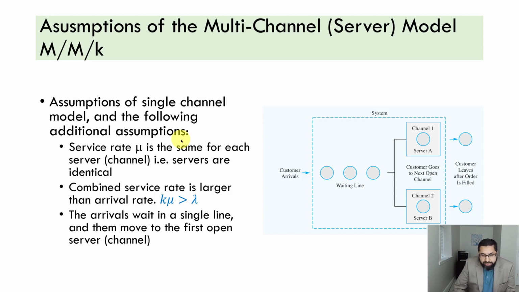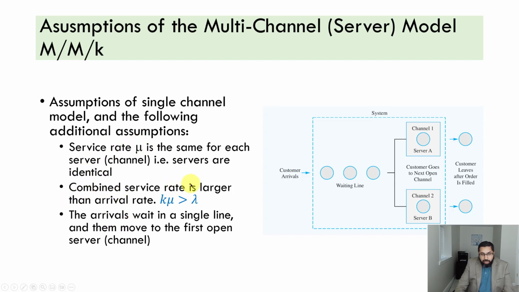If they don't, you can just use the average service rate. So on average, you can serve 5 customers per hour at a server or channel, and your calculations will be correct on average. So this is also not a really difficult assumption to satisfy.